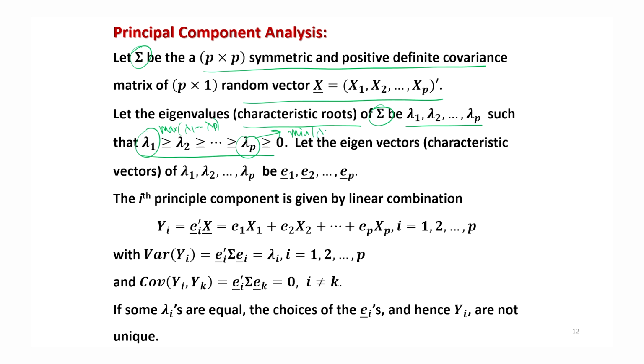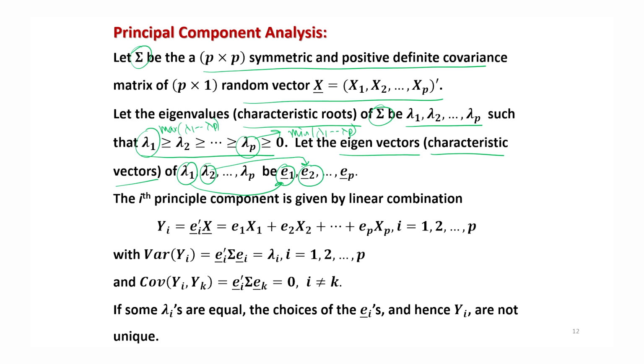For each of these lambdas, we can obtain the eigenvectors, also called characteristic vectors. Suppose the eigenvector of lambda 1 is indicated by E1, the eigenvector of eigenvalue lambda 2 is indicated by E2, and so on.